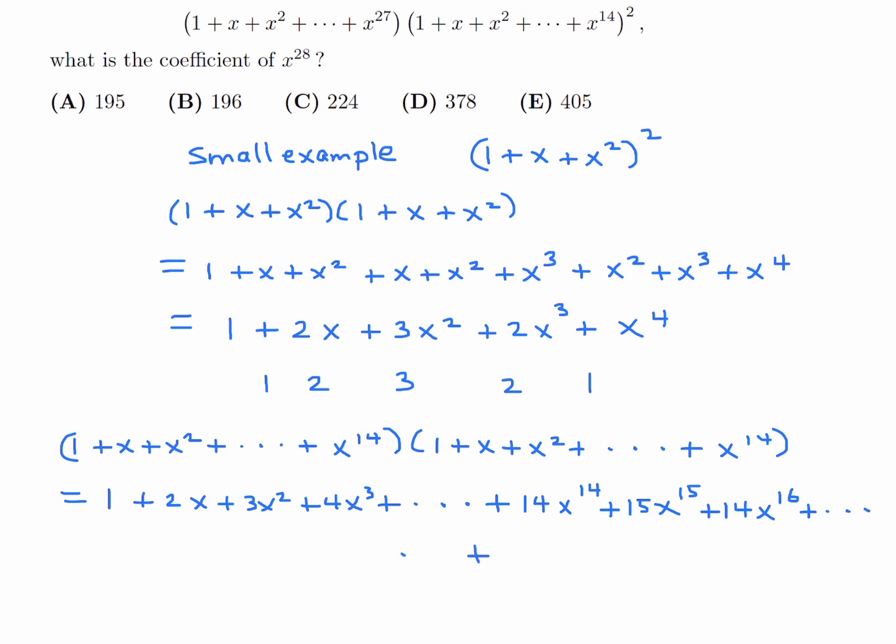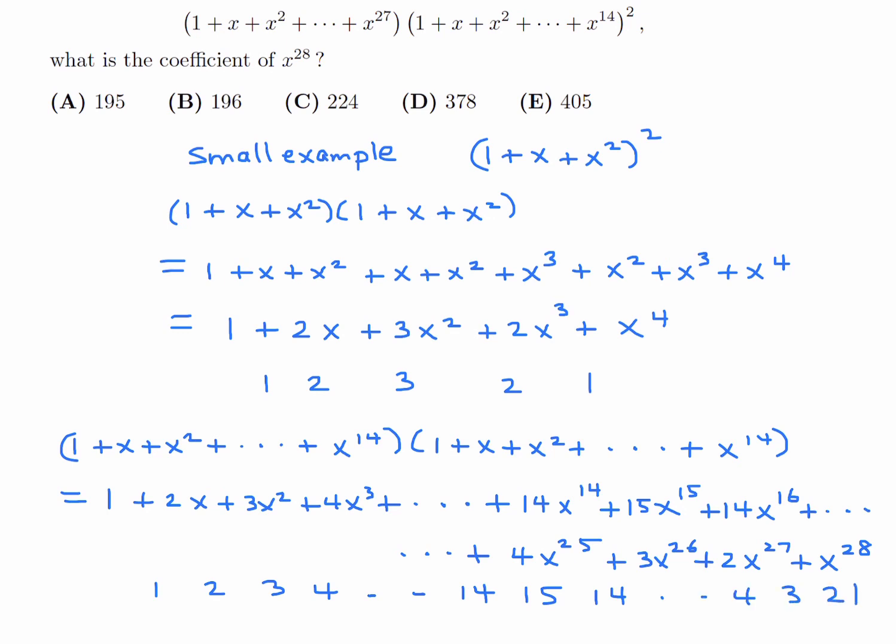And then at the very end, if you keep going, you'll get 4 x to the power of 25 plus 3 x to the power of 26 plus 2x to the power of 27 plus x to the power of 28. Okay, so I hope you can see that pattern. The coefficients 1, 2, 3, 4, it'll keep going up until 14 and 15, and then it'll go back down 14, 13 down, all the way down to 4, 3, 2, 1.